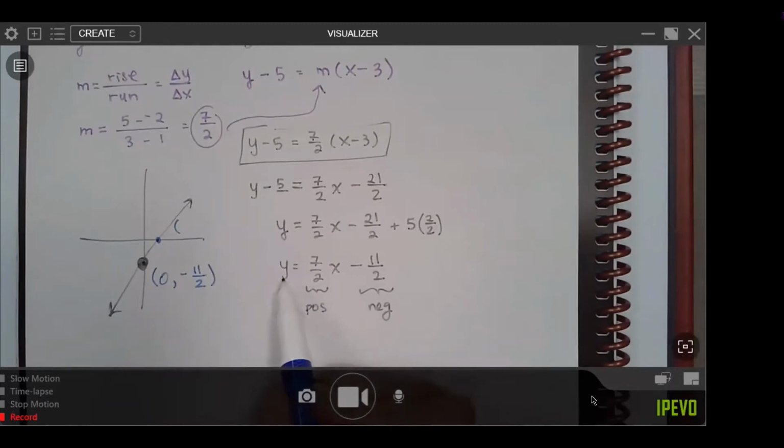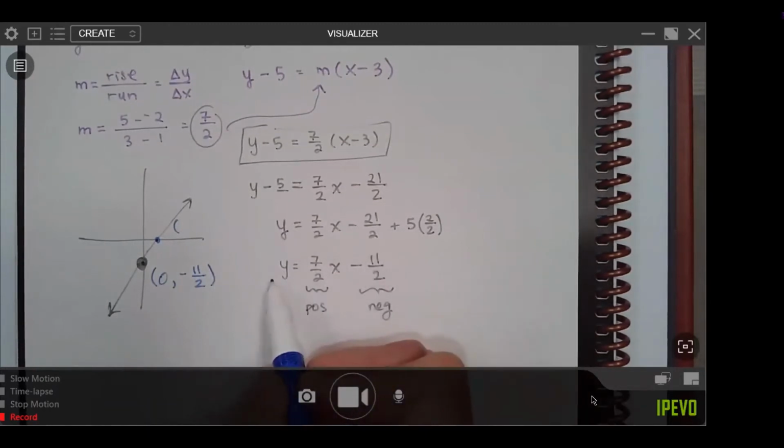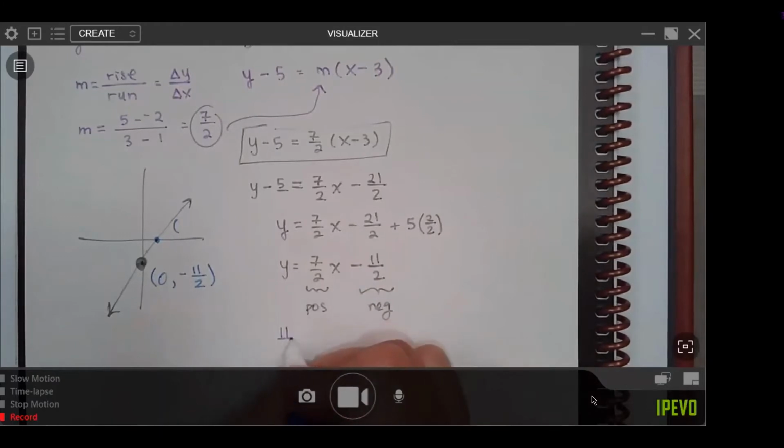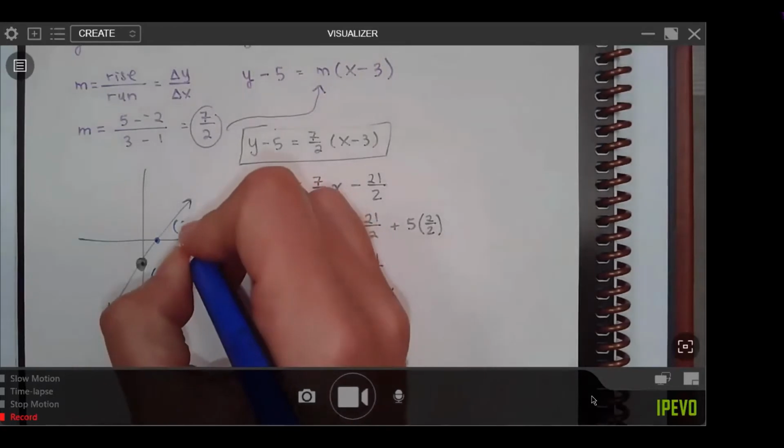If y is 0, then that 11/2 is coming over to this side. So I'm going to skip to that step where I'm looking at 11/2 is equal to 7/2 of x. Because my denominator is 2 on both sides, I don't need to write it, which means 11 is equal to 7x, or x is equal to 11 divided by 7.